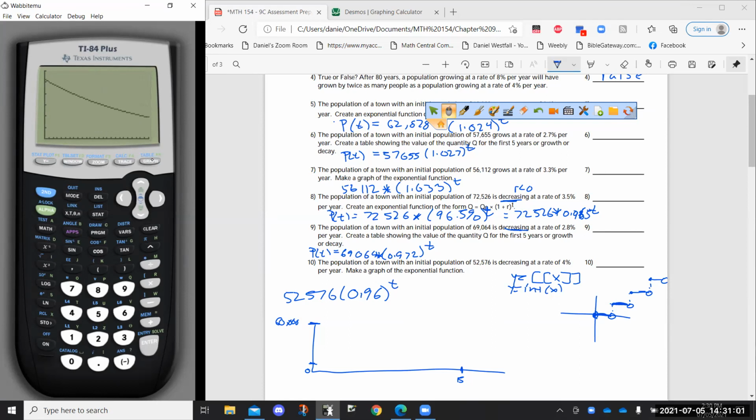If I went out to 100 years, you'd see even more of it. See that? But you don't want to make 100 tick marks here, do you? So pick something that is reasonable for you, how much you're going to graph. Maybe if you go to 50 years, maybe you want to scale this to tens so that you'll still only get 5 tick marks, but maybe you get more of the shape.